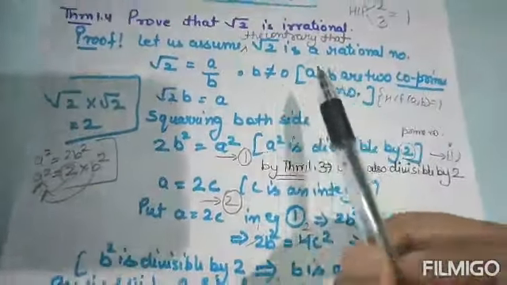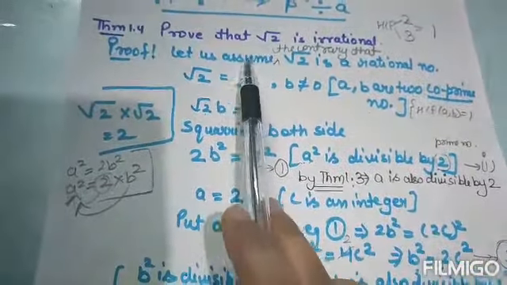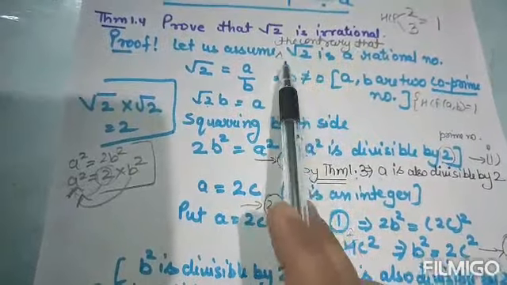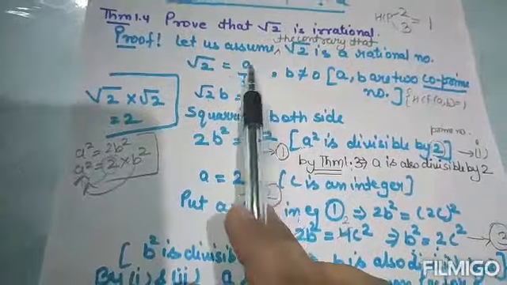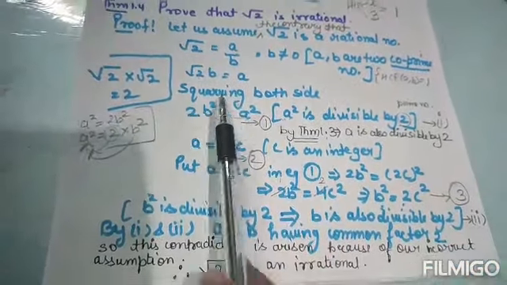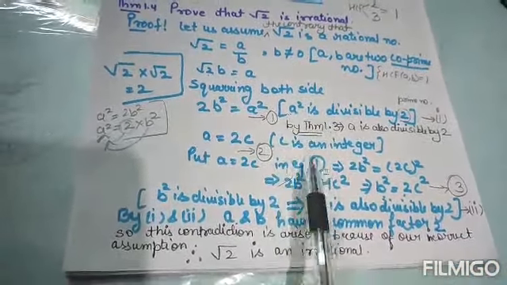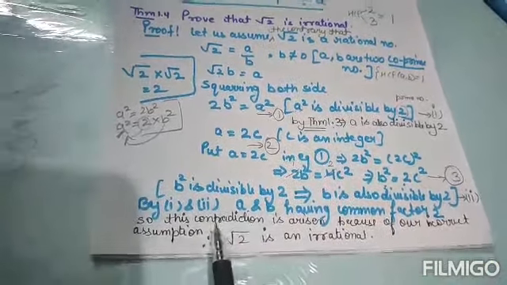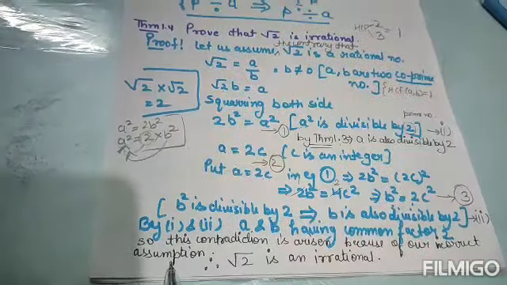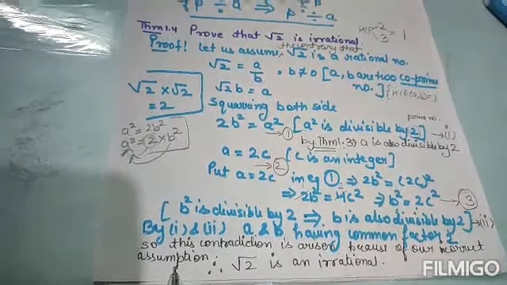What we have done: firstly we assumed the contrary, that root 2 is a rational number. Then a rational number can be written in the form of a by b, then squaring, then using theorem 1.3 two times, and look, we have contradicted our assumption.